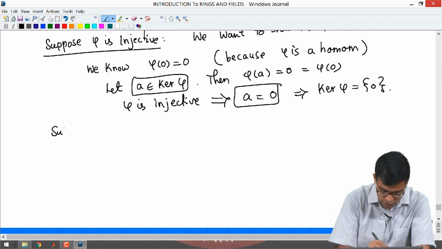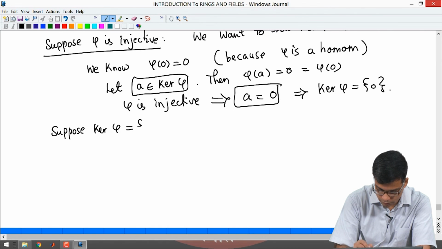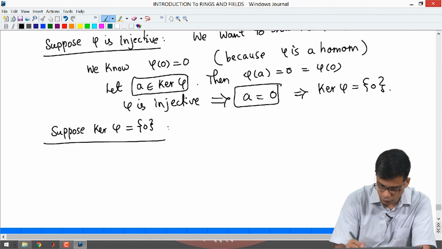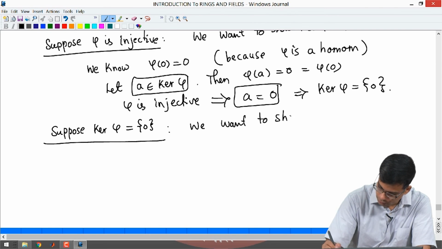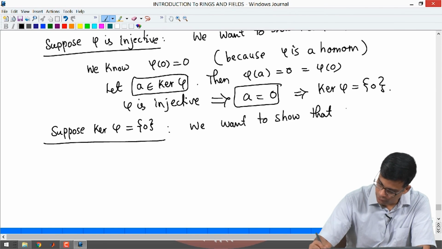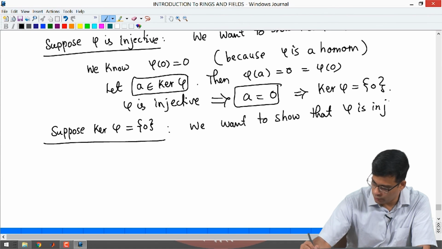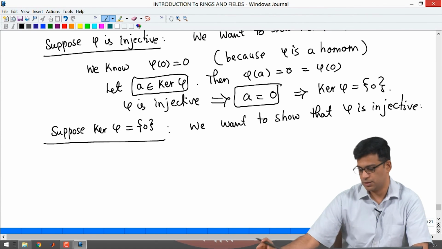Now, suppose kernel phi is 0. We want to show that phi is injective. This is also straightforward using the same ideas as before.